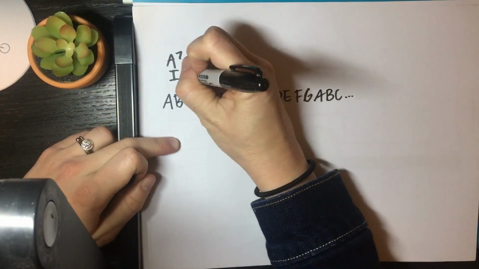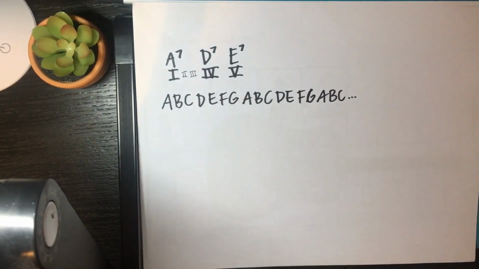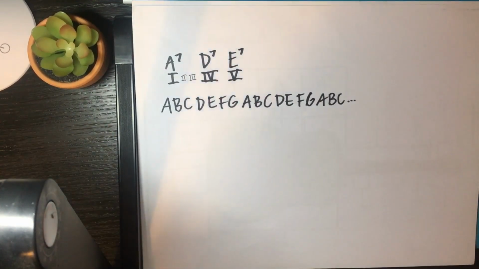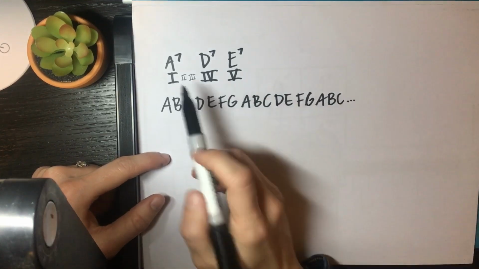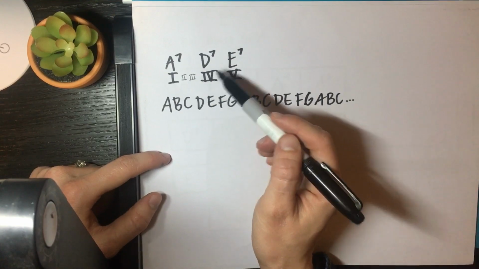If you're curious, 2 and 3 look like that, in between 1 and 4. So 1, 2, 3, 4, 5. That's how those look. So we have a 1 chord, 4 chord, and 5 chord, which means that 1 is always our home note, and then 4 and 5.